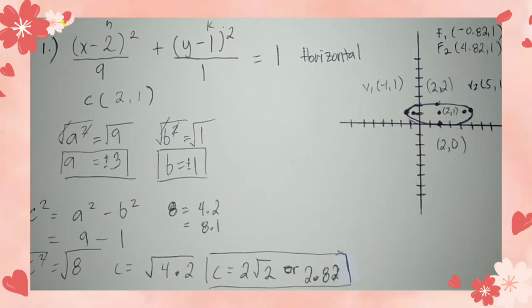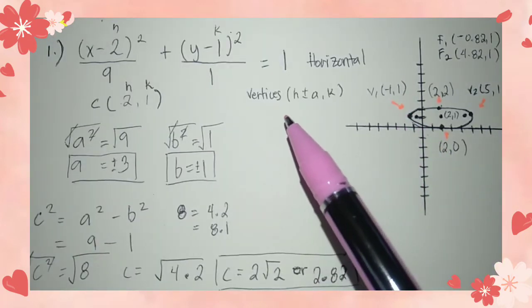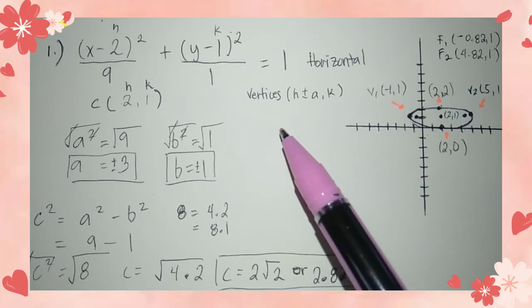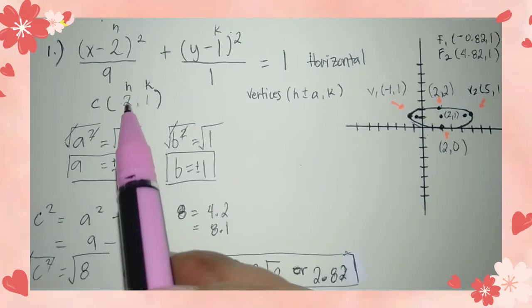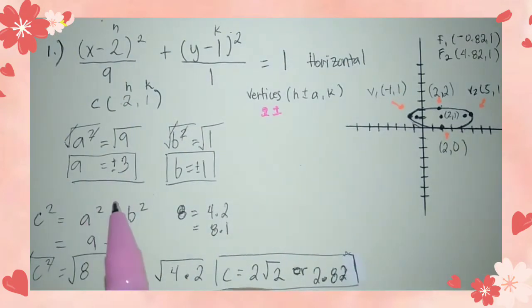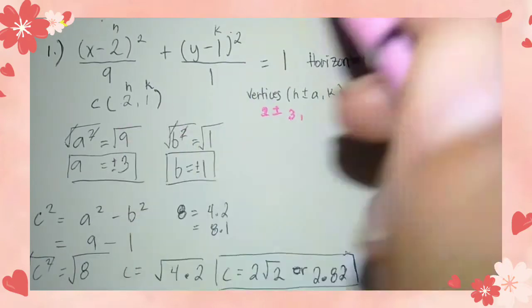And then, what are we going to do next is to check if tama ba yung nakuha nating coordinates using the given coordinates of our vertices, co-vertices, and foci. So, ang ating coordinates for horizontal ellipse is h plus and minus a and k. So, we have our h as 2, positive and negative a is 3, and of course, ang ating k is 1.